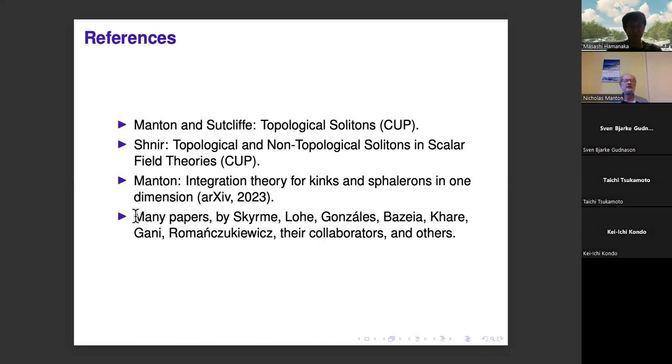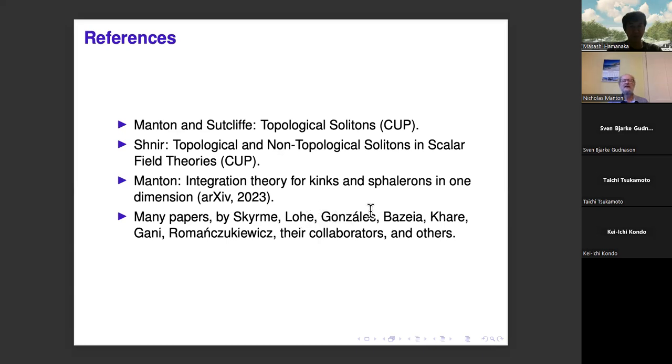There are numerous papers, starting with work of Skyrme, who introduced the sine-Gordon model with his collaborator. There was work in the 70s summarized by Rajaraman in his review article and his book, which I still recommend. Lohe did very nice work on a φ to the 6th kink for the first time.